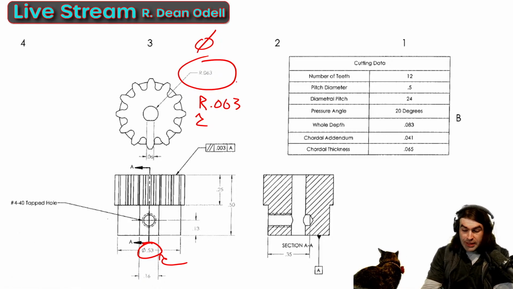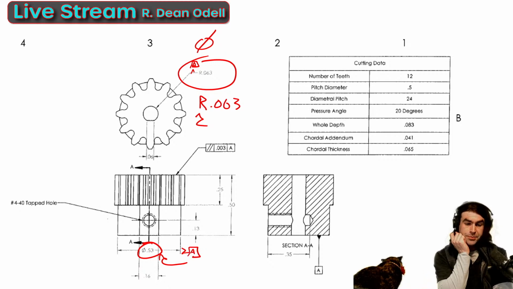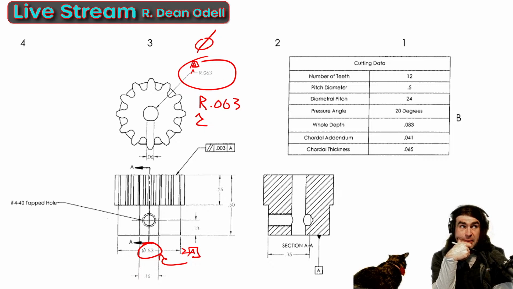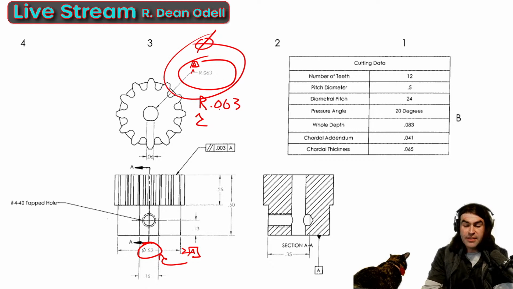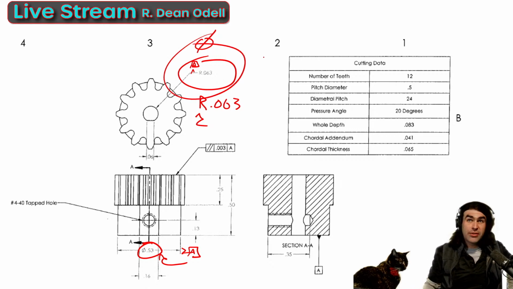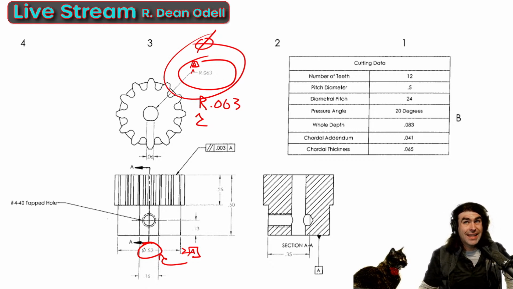Okay, so what I'm getting at is I can make this feature datum A, the primary, or I could use this feature and make that the primary. I would go ahead and say that you want it to be this internal feature, even though it's smaller and slightly more difficult to get at.